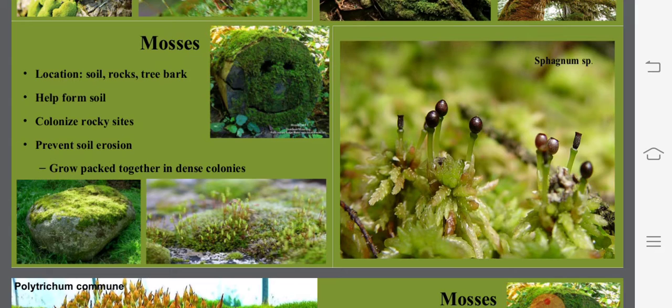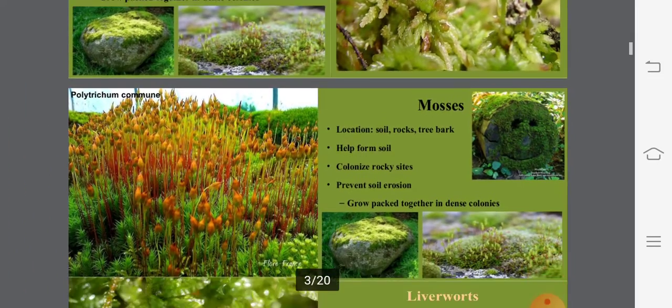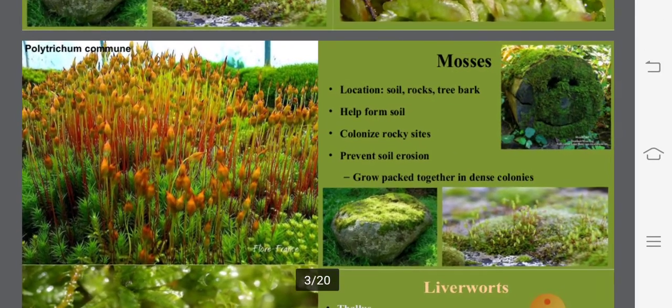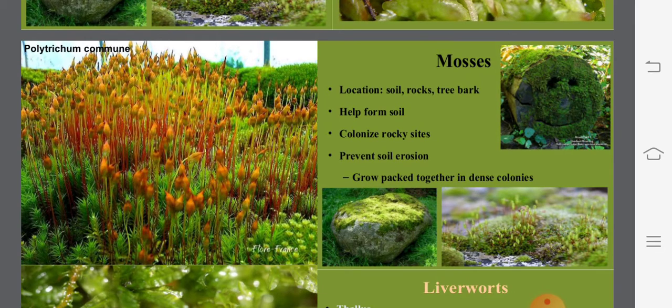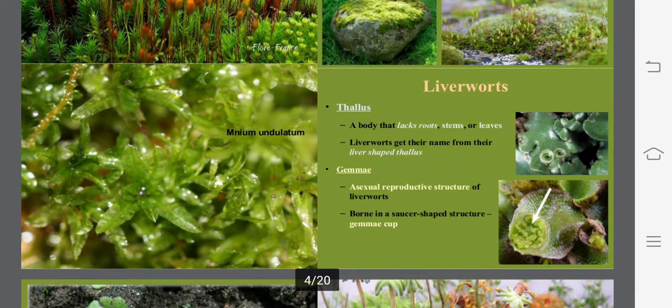Sphagnum has two kinds of branches, one pendulous and one divergent, and you observe this with its capsule: a dehisced capsule and an unopened capsule. This is for the polytrichum. It develops in patches, and the mosses generally show a packed condition. They grow in dense and packed colonies, so it is easy to understand.